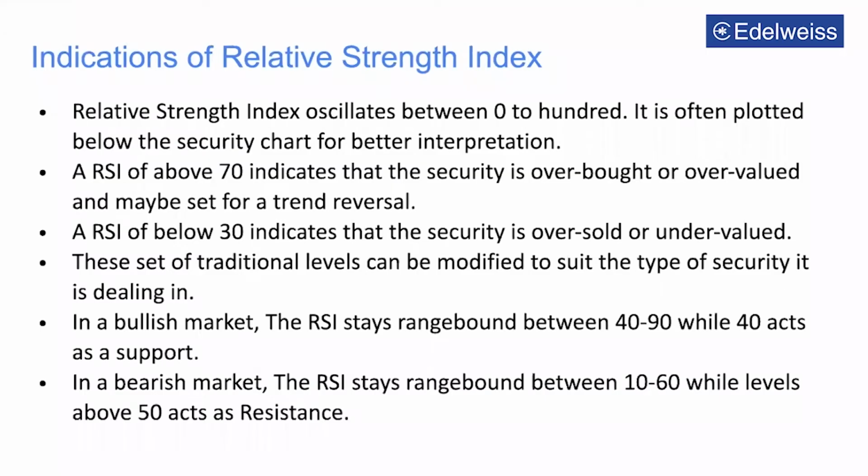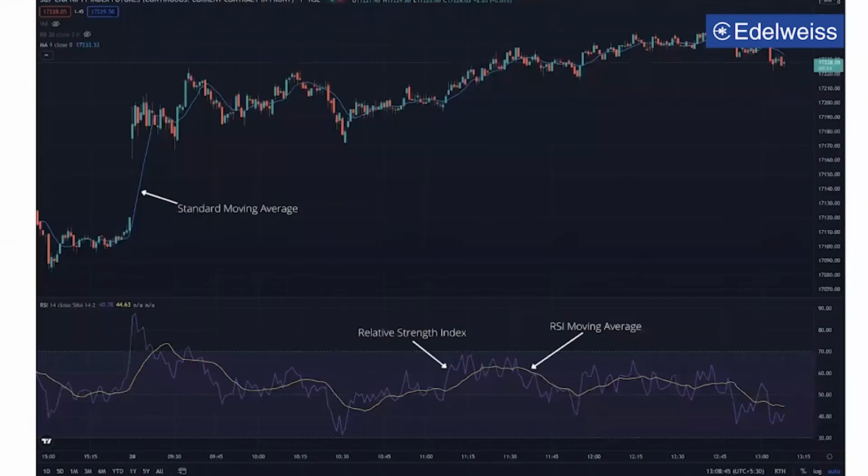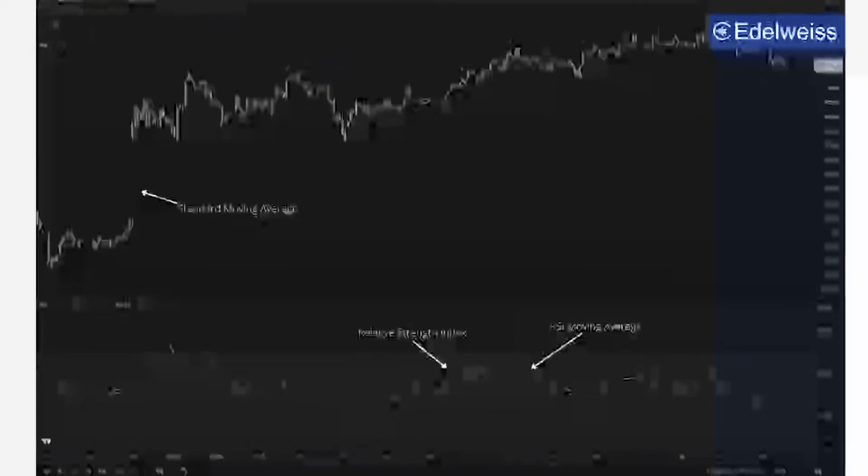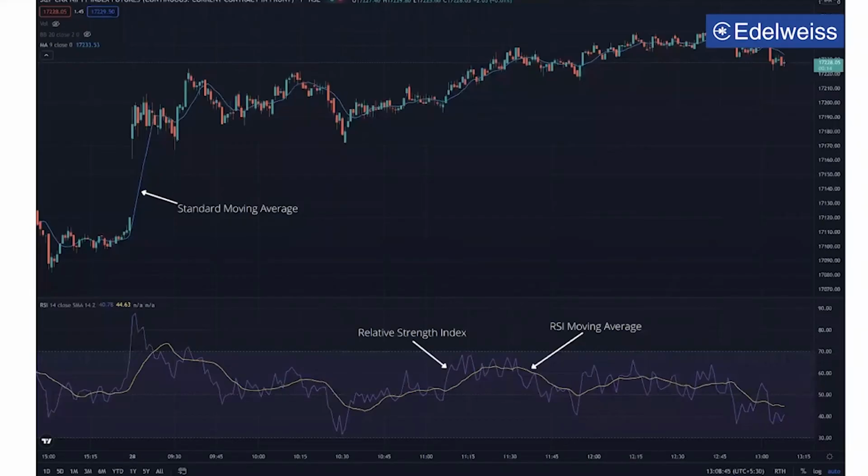So what are the indications of the relative strength index? RSI oscillates between 0 to 100, as we saw in the previous chart example, so it is often plotted below the security's chart. Why is it necessary to plot it below the chart? Let's take the example of the opening bell at around 9:15.